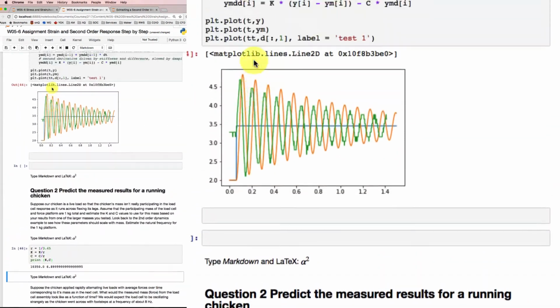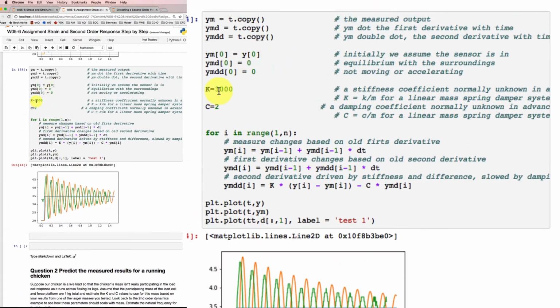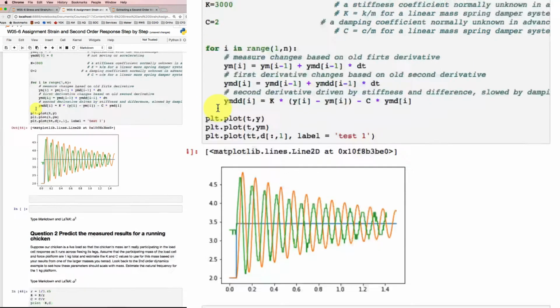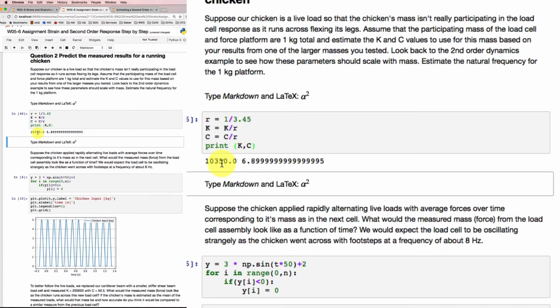I had about 3,000 and a C value of 2, and I went up to a little over 10,000 and a C value of almost 7. So that's increased a fair bit.